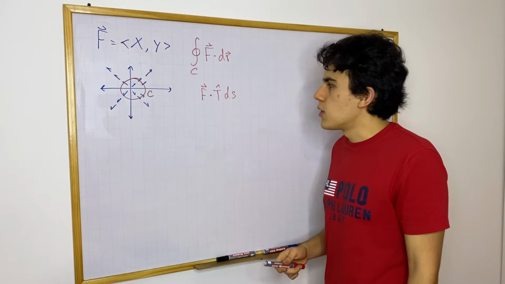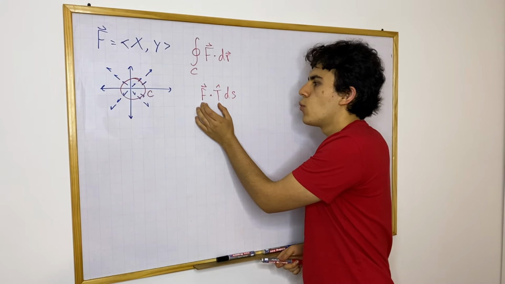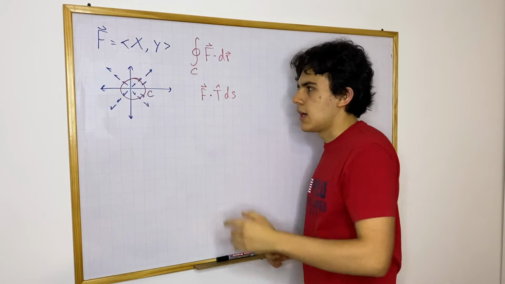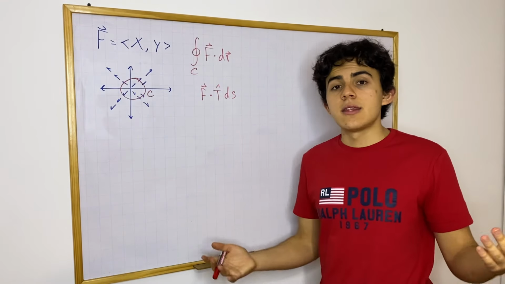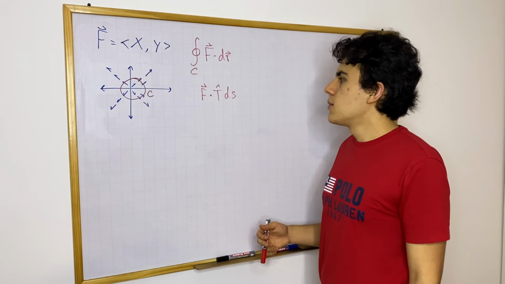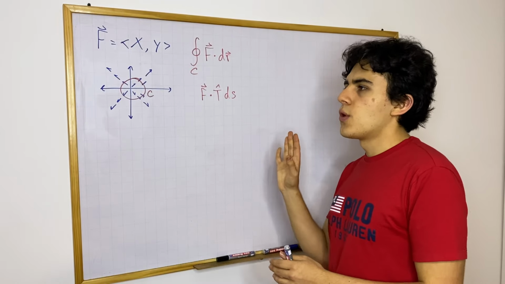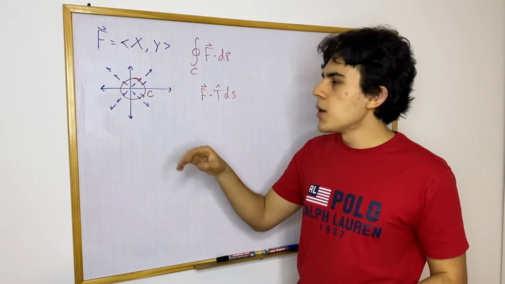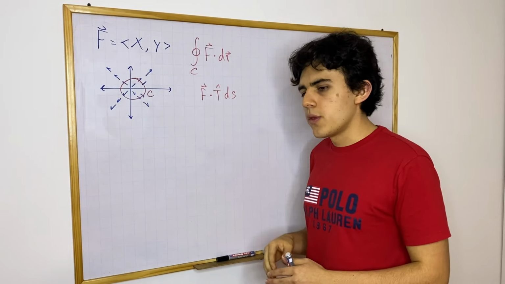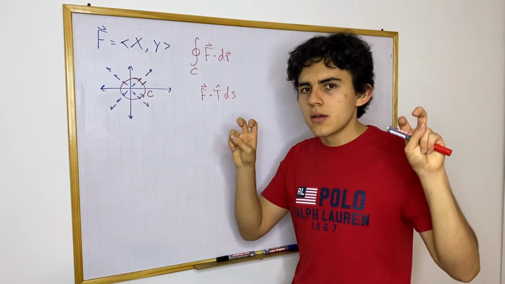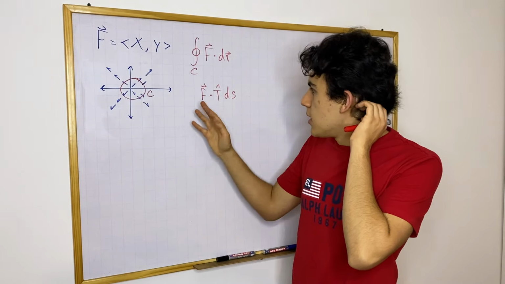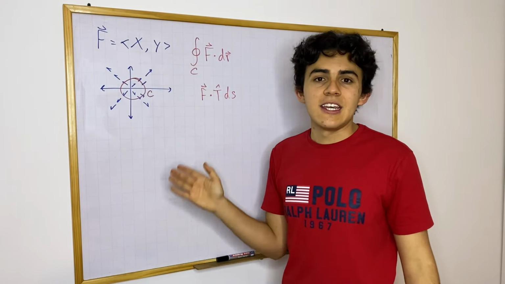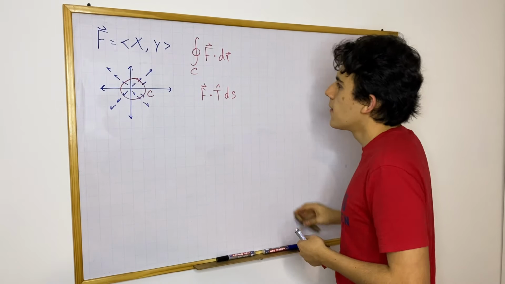Here you really want to see the dot product between F and T hat at every point throughout your coordinate system, and then you want to add that up. That tells you whether the vector field is curling around the curve or not, whether it's following T hat to some extent. In this case it would curl because we have a circle, but that's how you can think of it, okay?